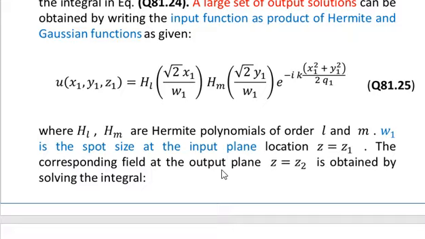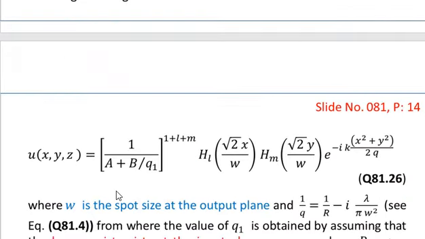The corresponding field at the output plane, which is at z is equal to z2, is obtained by solving the integral. So we shall get the output as shown in equation number 26.